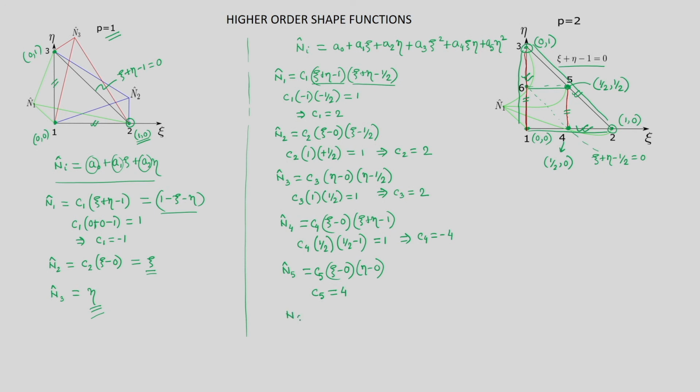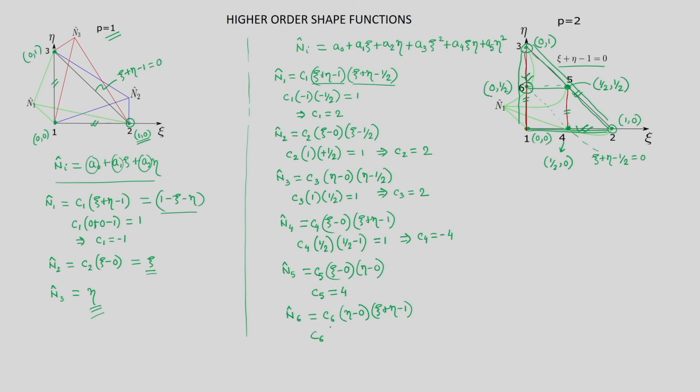And finally, N6, if we construct it, is C6 into, at node 6 it is 1, and along this horizontal line and this xi plus eta equal to 1 side it is 0. So, that yields eta minus 0 into xi plus eta minus 1. What is the coordinate of 6? 0, half.